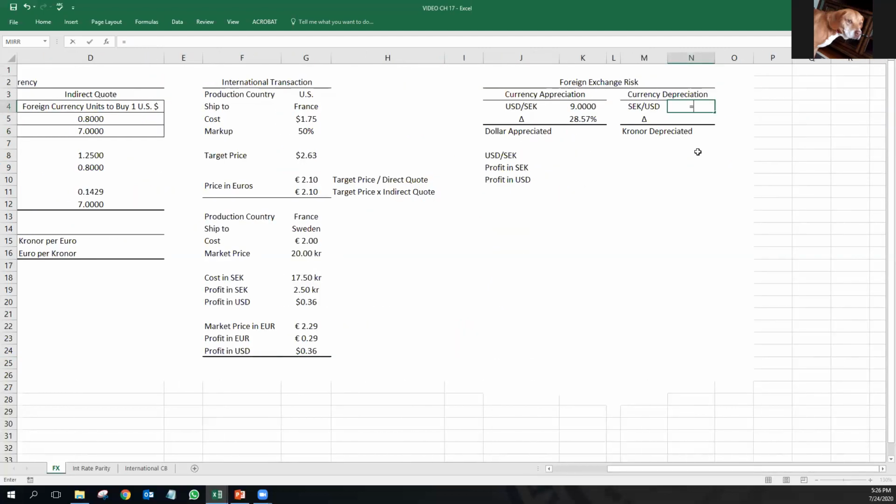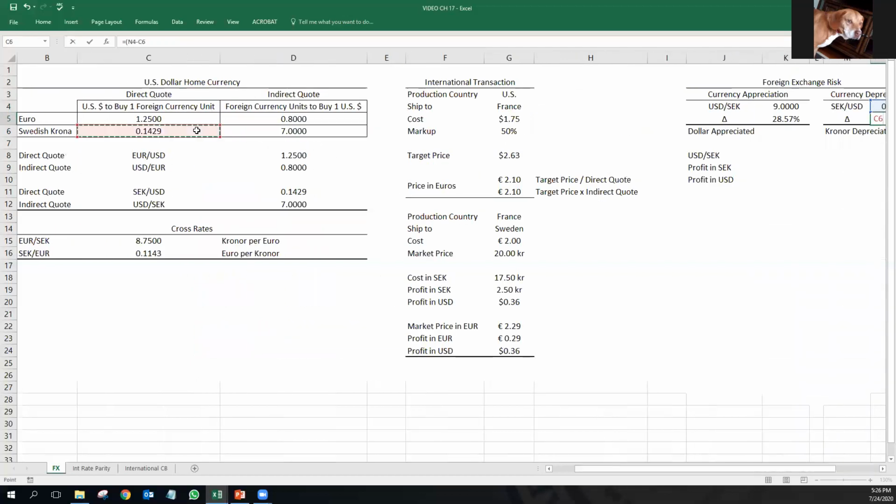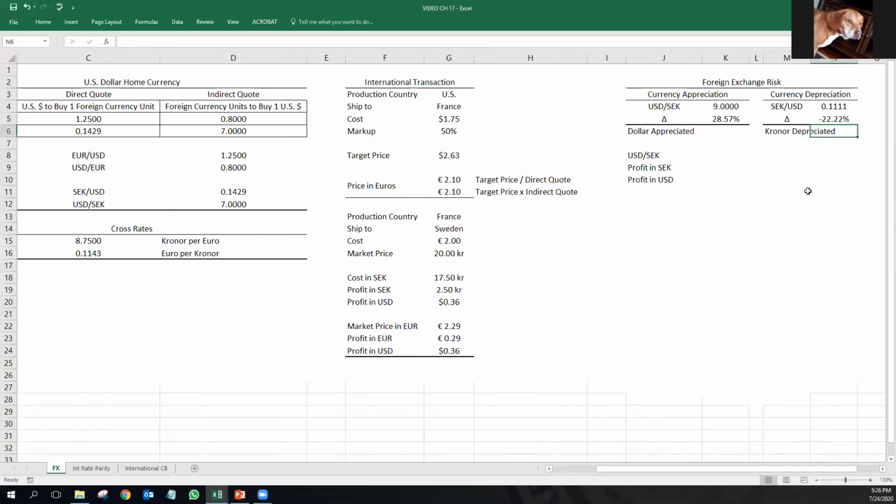So as before, to get from indirect to direct, you just put 1 divided by the one you have, and that's a reciprocal. Now, what's the percentage change there? So we do the same: the new one minus the old one, divided by the old one. And we have a negative 22.22%. Now notice that it's not just the negative of this one. It doesn't work that way.